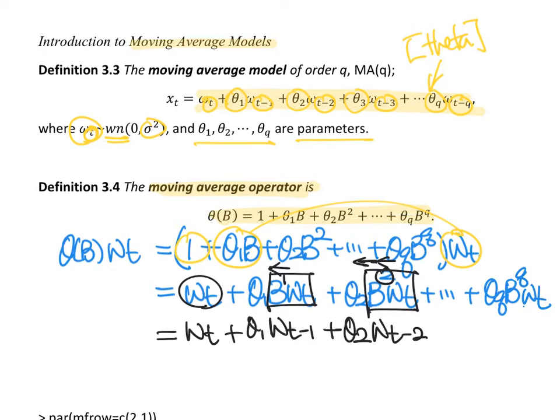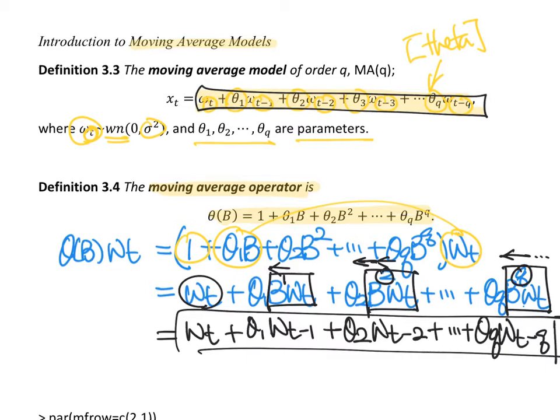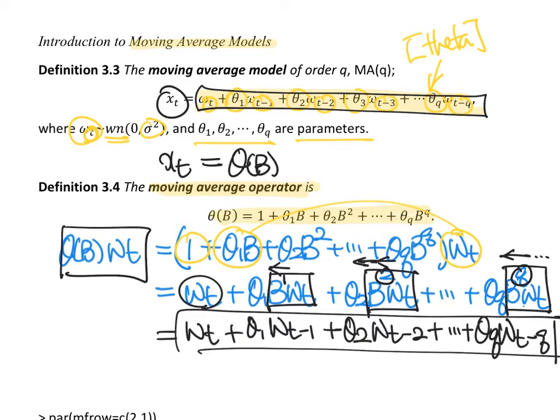The last one is theta q, and the power is q, that is q times backshift, so the white noise at time t minus q. Please compare this one and this one. They are exactly the same. So simply we can rewrite the time series x_t as this, using the MA operator, theta B times W_t.